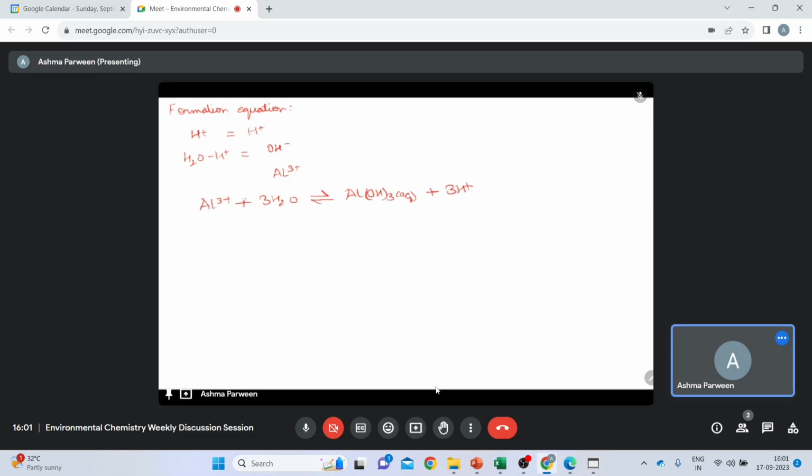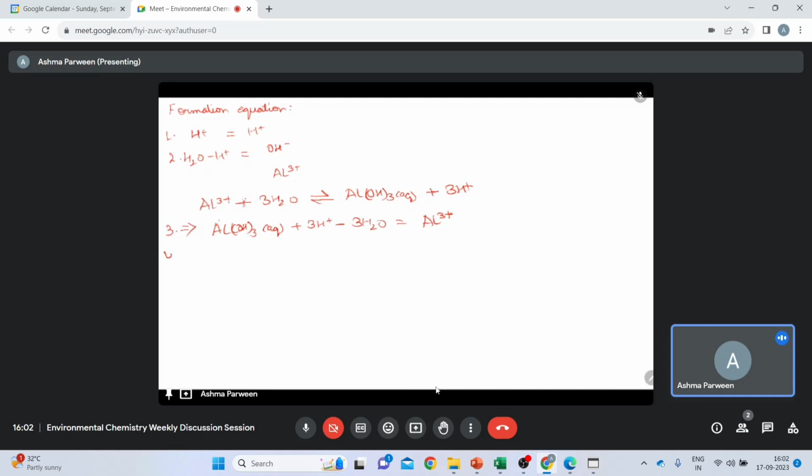So we can rearrange this equation: AlOH whole 3 aqueous plus 3H+ minus 3H2O will give us Al3+. So this is the first, this is the second, and this is the third formation equation. Let's write the fourth one.